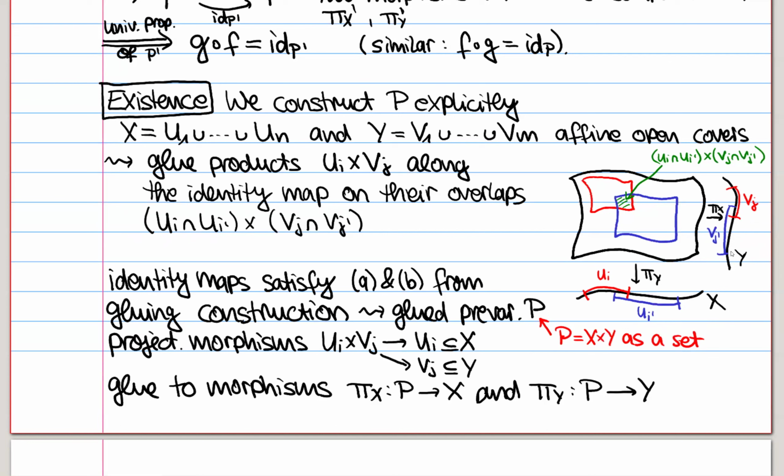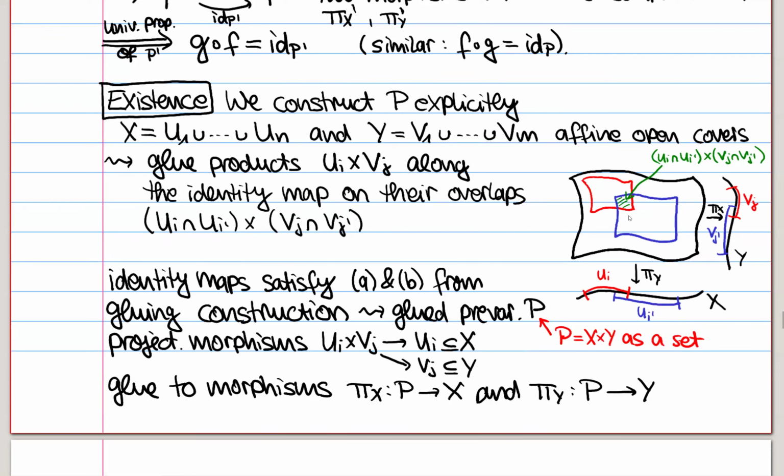And then we have, for example, U_i cross V_j. This is a subset of X cross Y. And similarly, U_i prime and V_j prime is another subset. And the idea is you glue them on their overlaps. That's how gluing works.